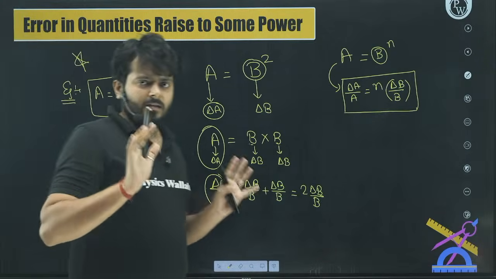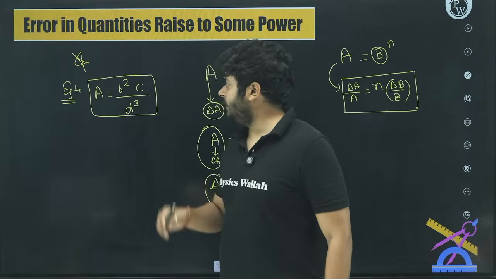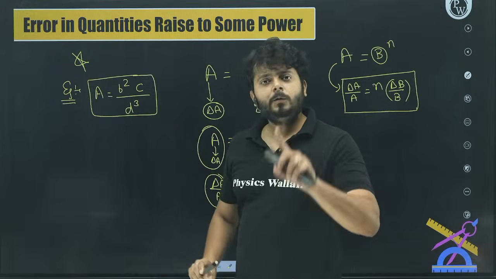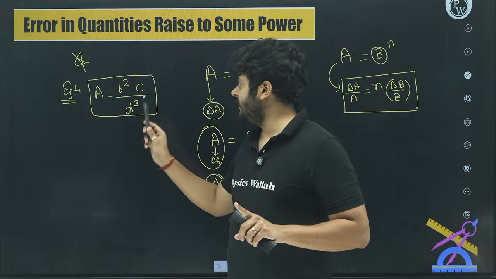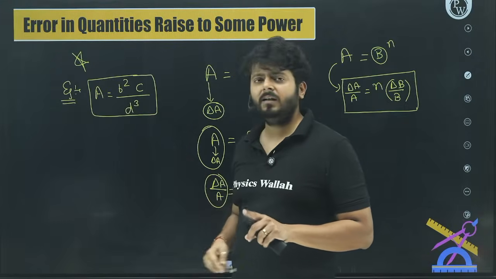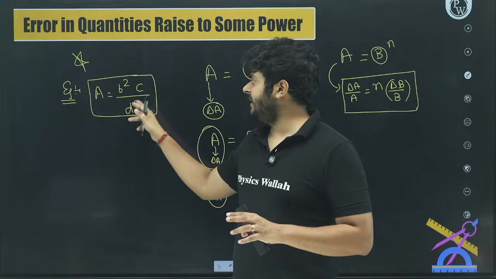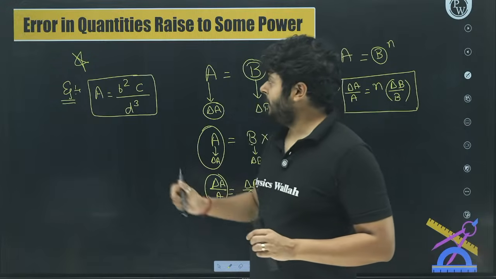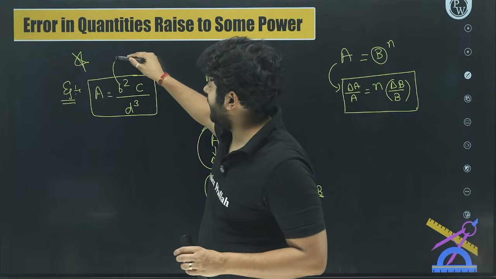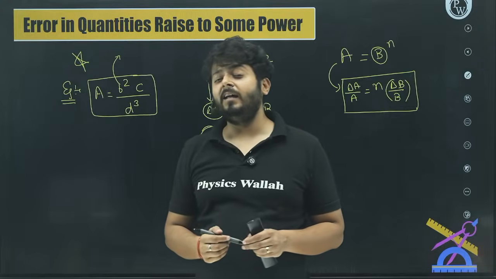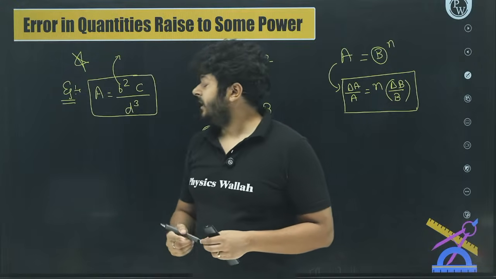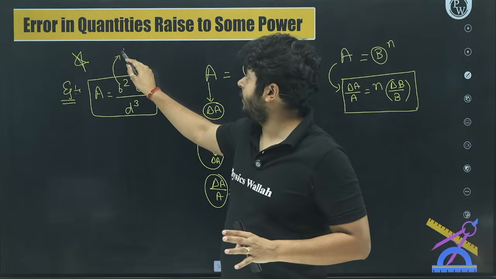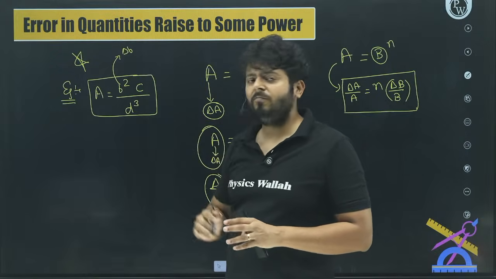A depends on B, C, and D. To get the value of A, you have to measure B, C, and D, put the values in, and you will get the final value of A. But my dear kids, what happened? Pinky in the class is measuring the value of B, and she is making an error in the measurement of B. Instead of B, she measured something extra. She made an error of delta B in the measurement of B.